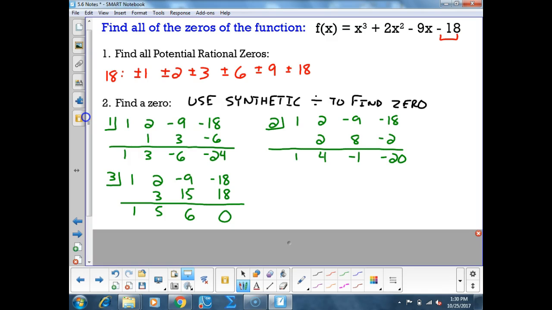So because 3 is a 0, that means that what? 3 is not a factor. X minus 3 is a factor.